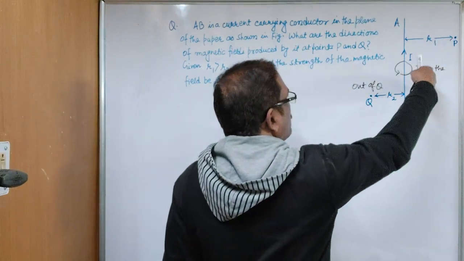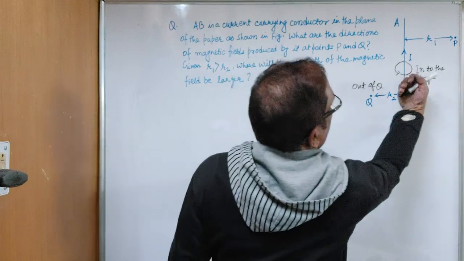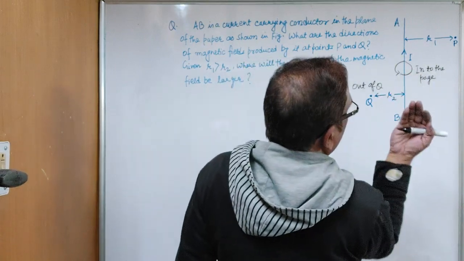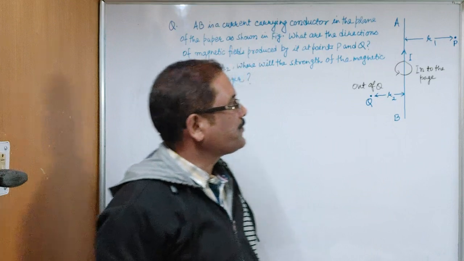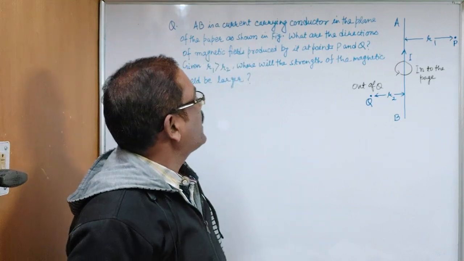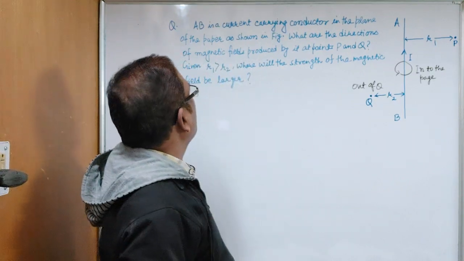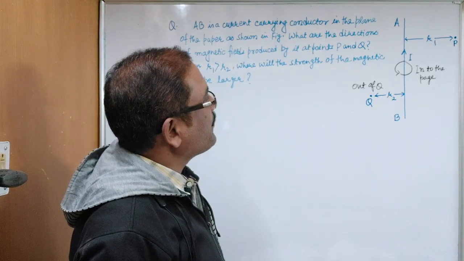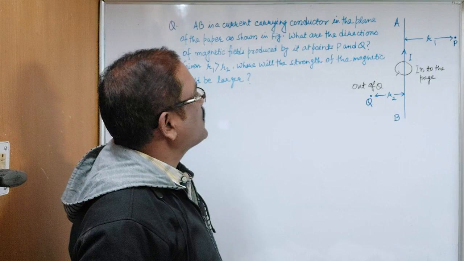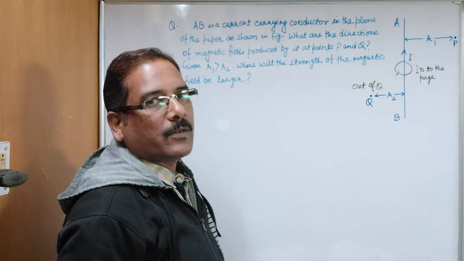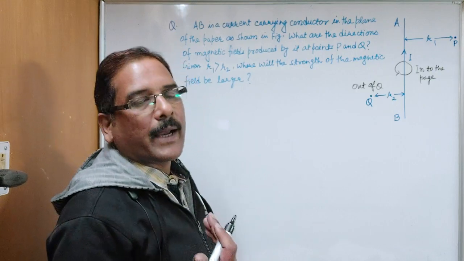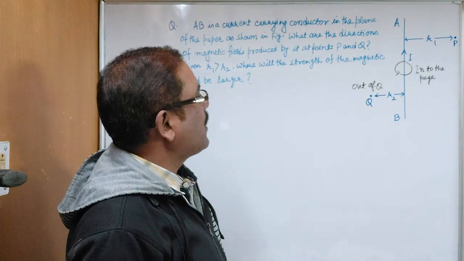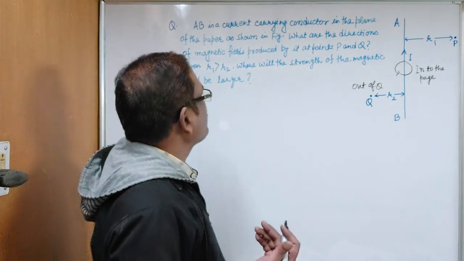So it will be into the page and then moves, and it will be coming out at Q. So these are the directions of magnetic field. Towards P it will be into the page, and towards Q you can write it will be out of the page.